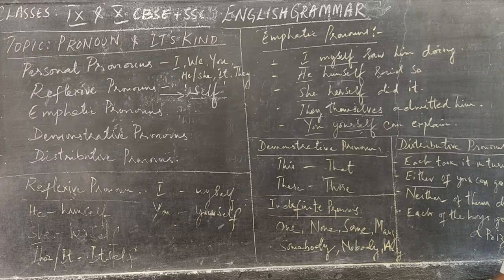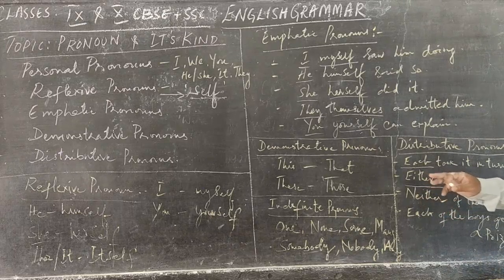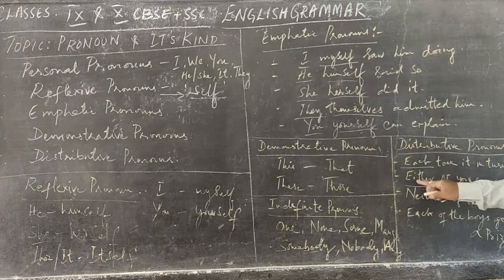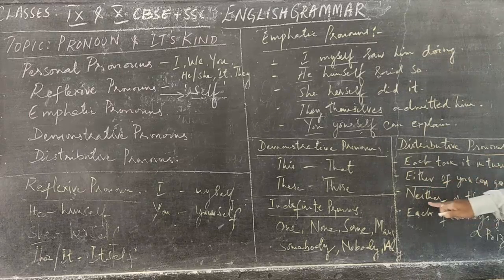It is either-or, neither-nor. Here I am not using either as a conjunction, coordinating either-or, but only either. Either of you can go.